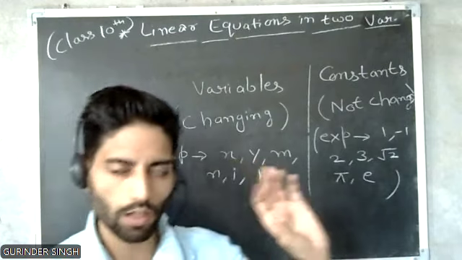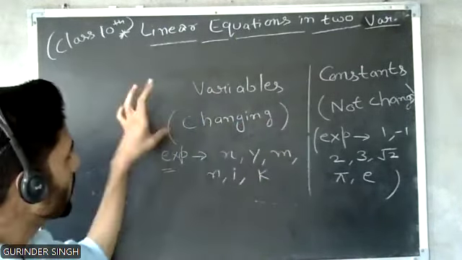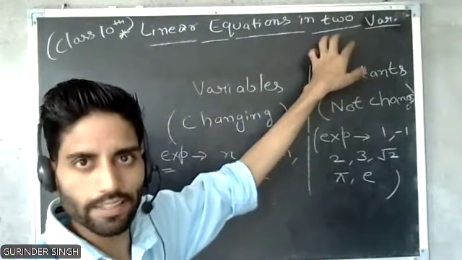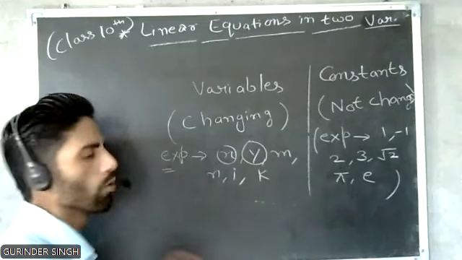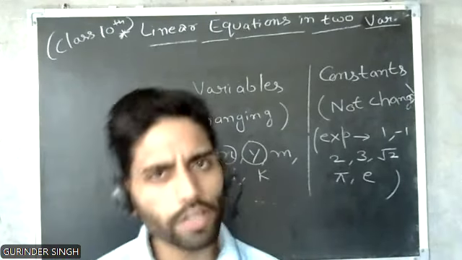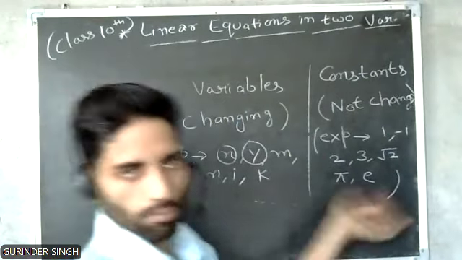Now, look at this chapter name carefully. It's saying there are two variables. It means there are two variables, maybe x or y or m, l or k, but two should be there. And there are some constants.